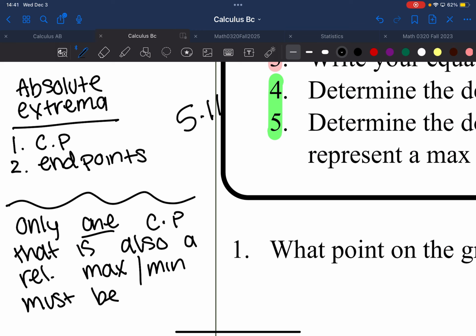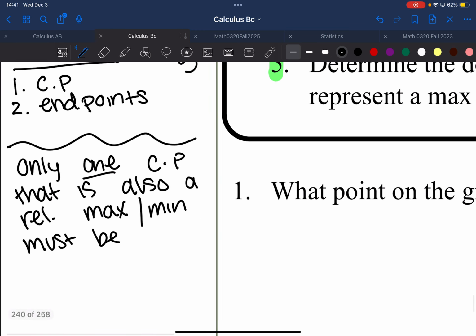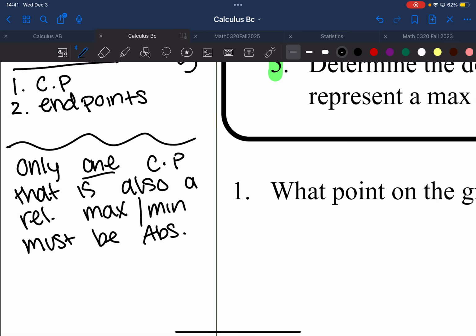An absolute maximum or minimum. So if we only have one critical point, which means we take the derivative, we set it equal to 0, we only get one possible value for x, and that possible value for x is a possible relative maximum or relative minimum value, then it must be considered an absolute maximum or minimum.